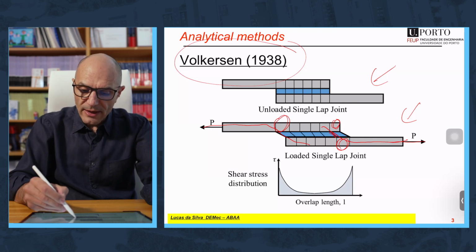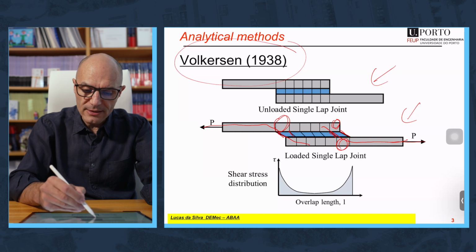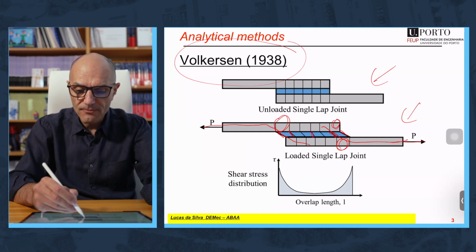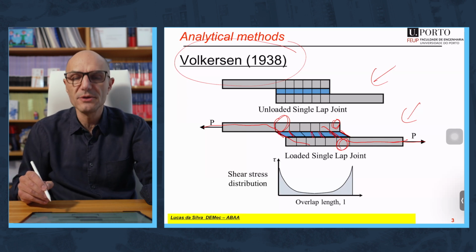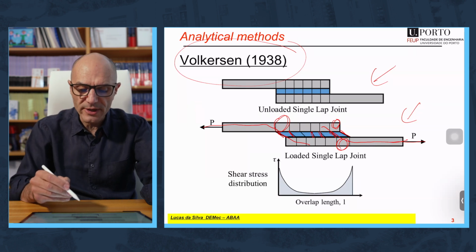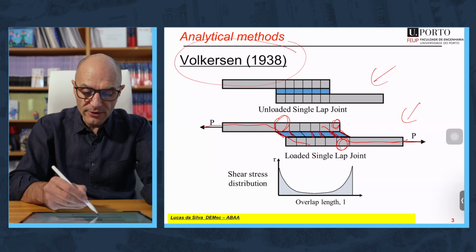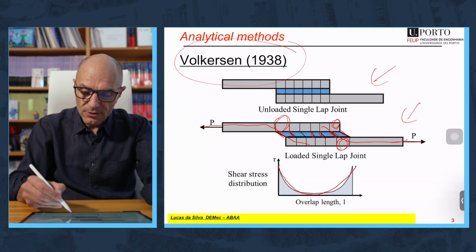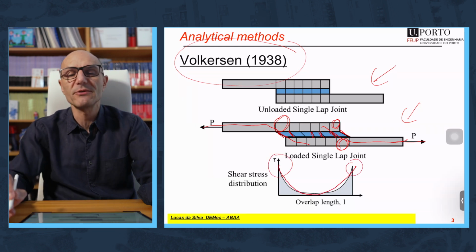The adhesive will be highly strained at the ends of the overlap and lightly strained in the middle of the overlap. And the corresponding shear stress in the adhesive along the overlap is something like this. So you have a stress concentration at the ends of the overlap.